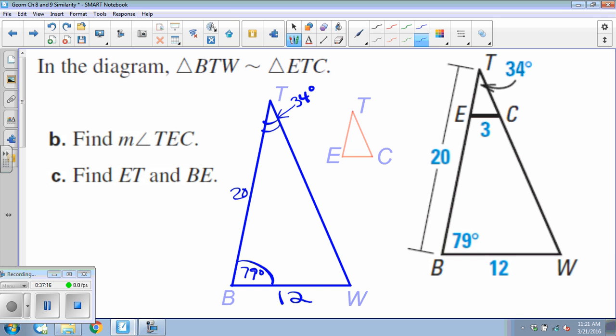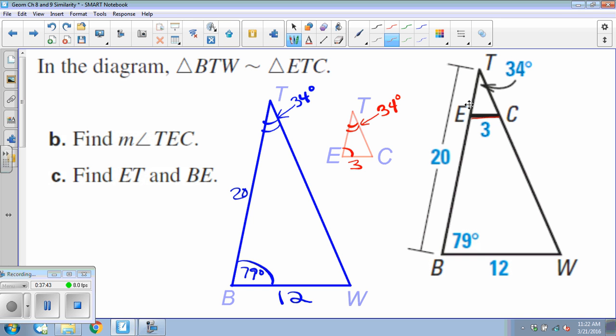Now, let's put in our values that they gave us for the small figure. Okay? This angle right here, that's the same angle. That's 34 degrees. This segment down here is 3. They gave us that. And that's all the information we know for the little triangle. Right? Okay. Now, they want us to find the measure of TEC.